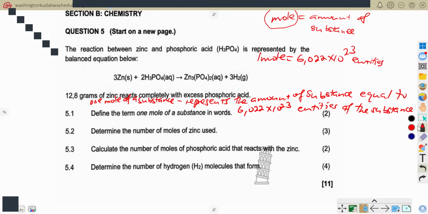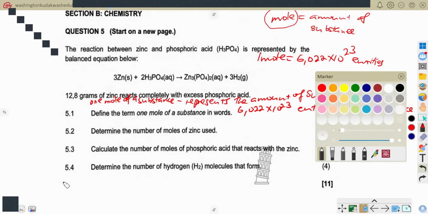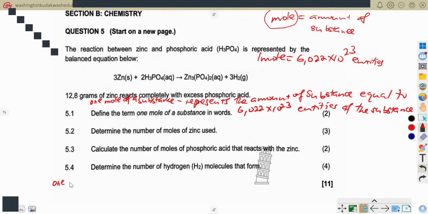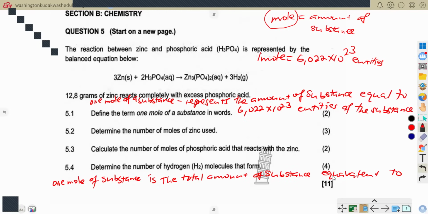You would also write this as: 1 mole of substance is the total amount of substance equivalent to the amount in 12 grams of carbon 12.